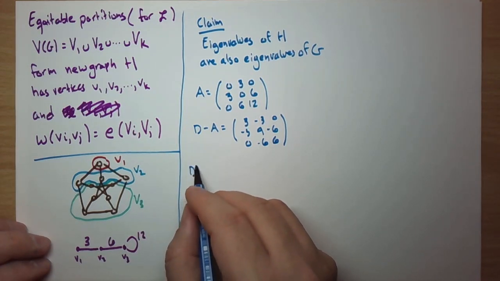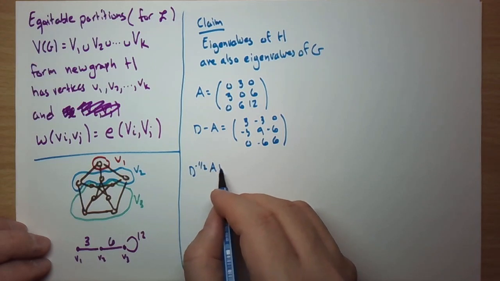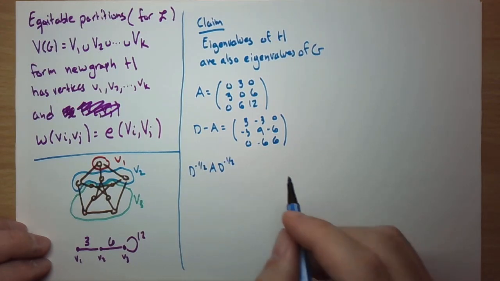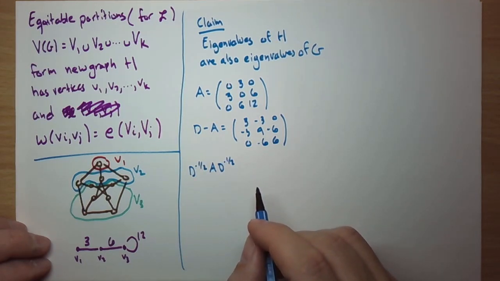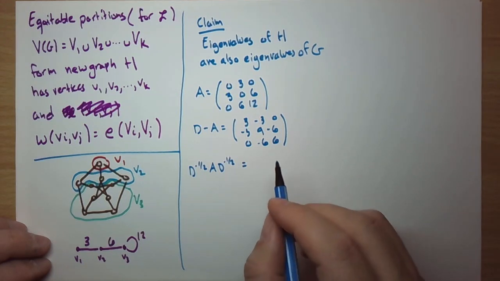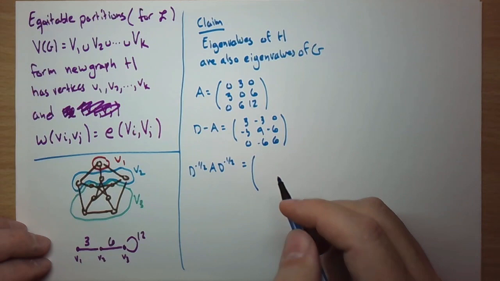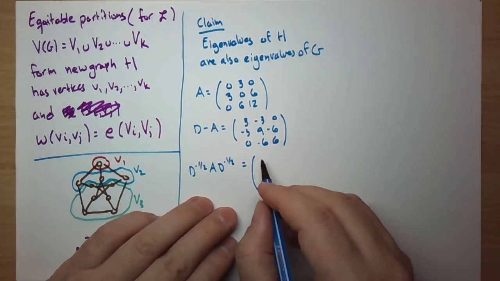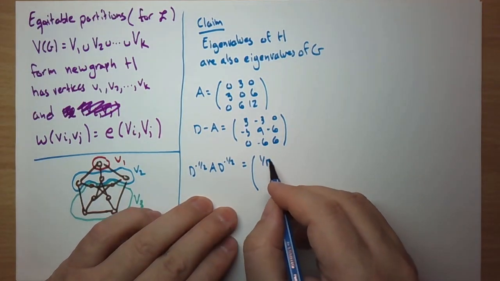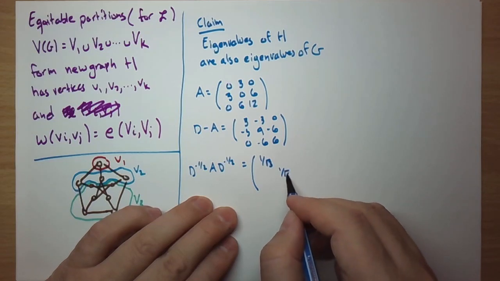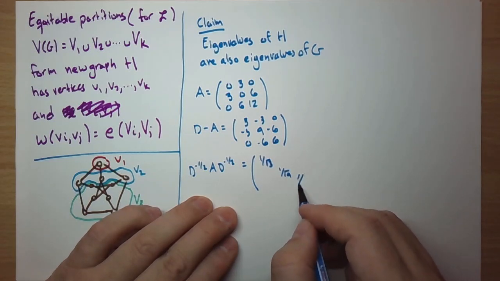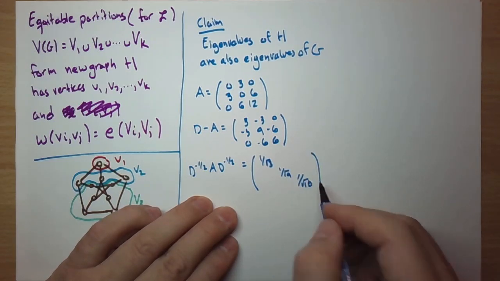Now we multiply D to the minus 1/2 times A times D to the minus 1/2. This might take a second. Okay, so our degrees were 3, 9, and 18.